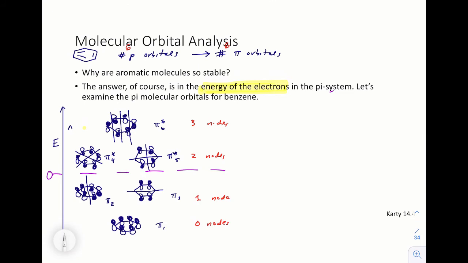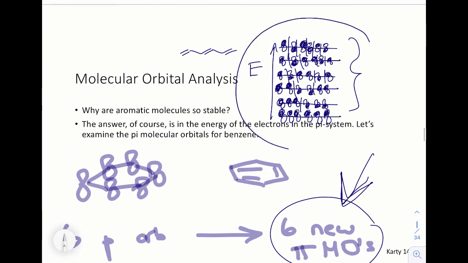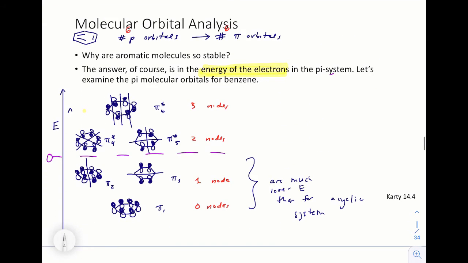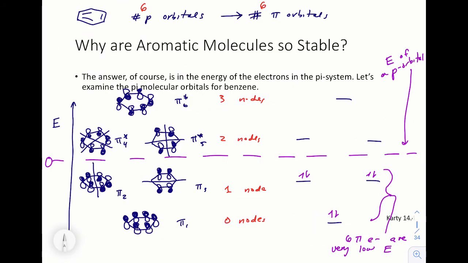Well, nothing looks quite special yet, but it turns out that these orbitals, particularly these bonding orbitals, are much lower energy than for the acyclic system, such as this system, which we drew in the last lesson. Much lower energy orbitals will result in much lower energy electrons, explaining the special stability of benzene.